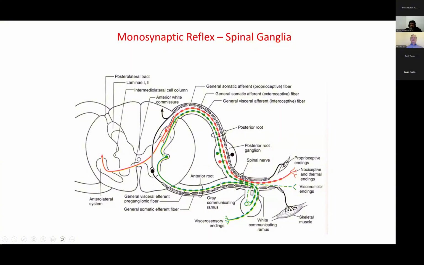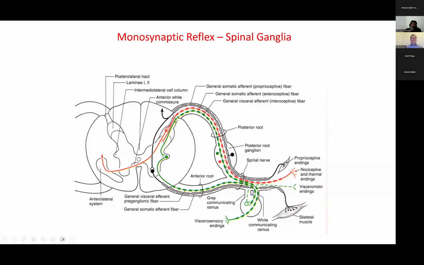In case there is a harmful irritation of one of the nerves, then it doesn't go to our conscious level with the sensory tracts, descending and ascending tracts. It then makes a reflex connection here, and then you can withdraw your hand or leg from a harmful stimulus.